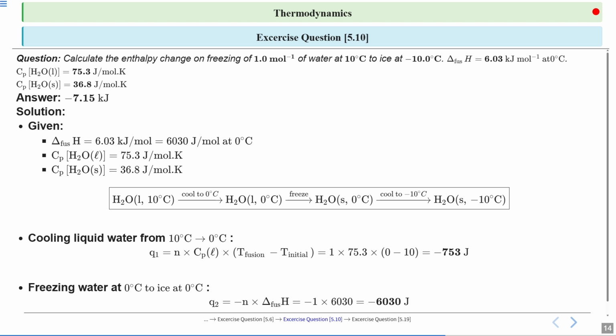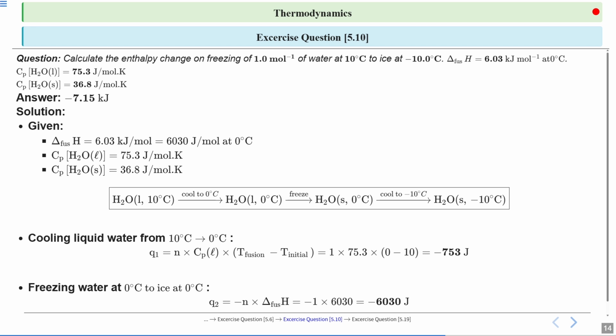Now your question arises, do we have to consider the mole? Yes, we have to consider it, but the value is already given for 1 mole, right? We have to calculate it for 1 mole. So we don't need to convert it. We have to multiply it with 1, and that will give you the same result, which is 6030 joule. Is it clear till this part? Okay.